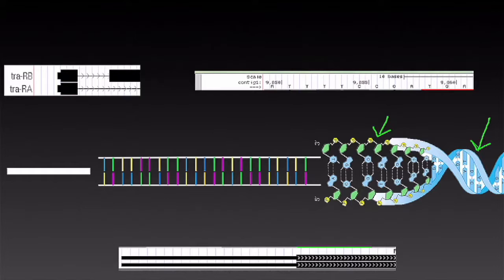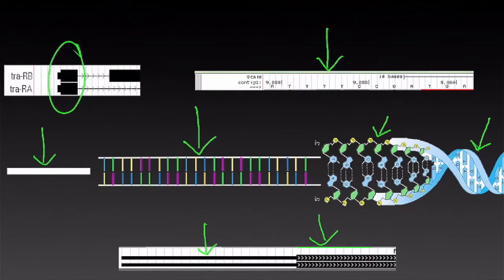You might see it laid flat out like this, where it's just showing the letters. You might see it laid flat out with both strands with just colors representing the bases. You're going to see arrows that indicate directionality, thick and thin segments that indicate different things. You'll see sometimes boxes, and then sometimes just a line.